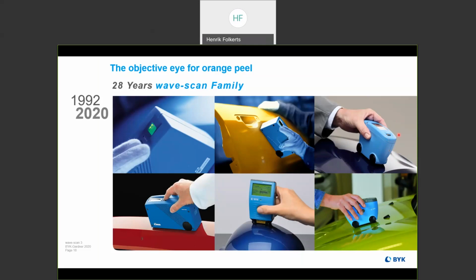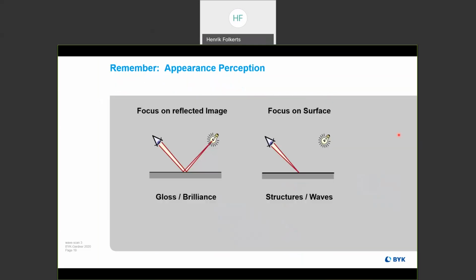Coming to the measurement principle now, I want to remember you that our appearance perception is dependent on the distance what we focus on. When we look on the surface, we have the possibility to look on a reflected image via the surface. So we evaluate the so-called image forming qualities.